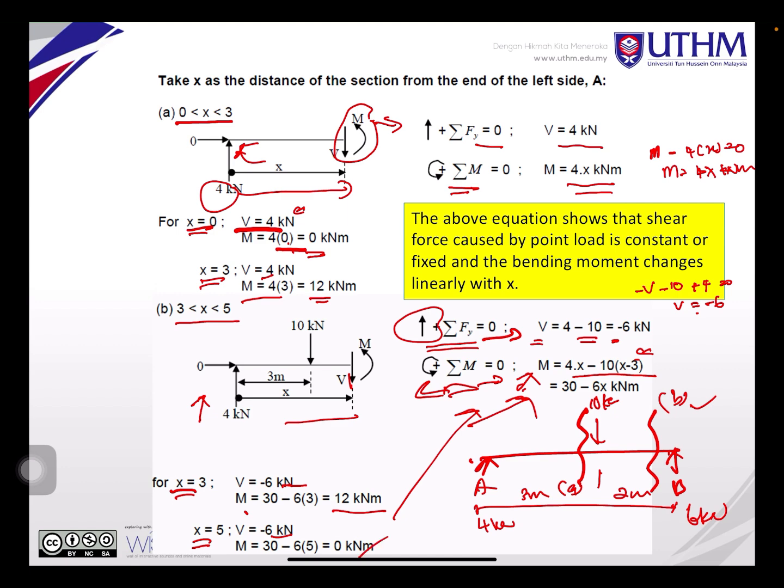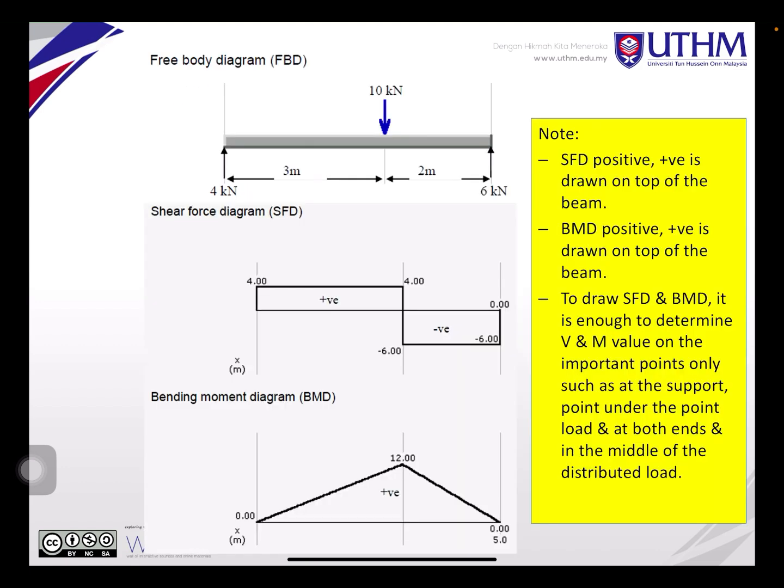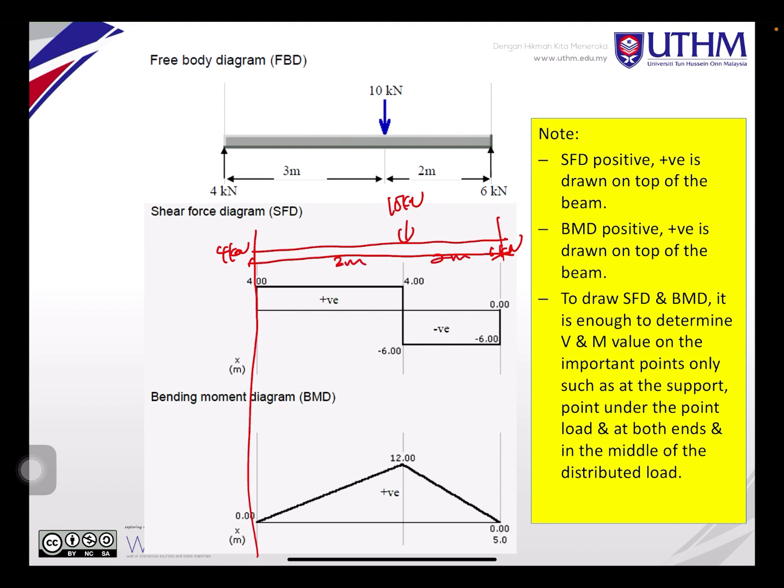So after you obtain all this, you draw the free body diagram. Normally we will draw at the same directions. Here, you plot: here is the point 10 kilonewton, here is 6 kilonewton, here is 4 kilonewton, distance is 3 meter, 2 meter.